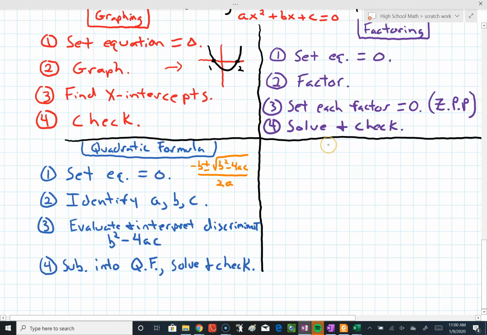Lastly, we have completing the square. It differs in that we won't be setting the equation equal to 0. Our first step here is to divide by a. Recalling if a is 1, that's trivial.